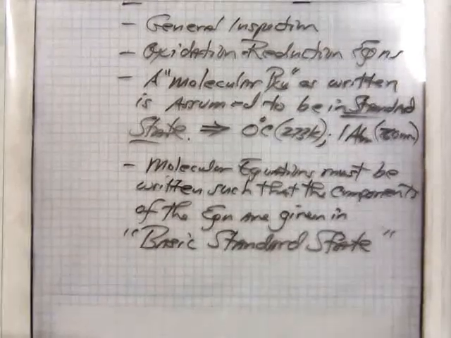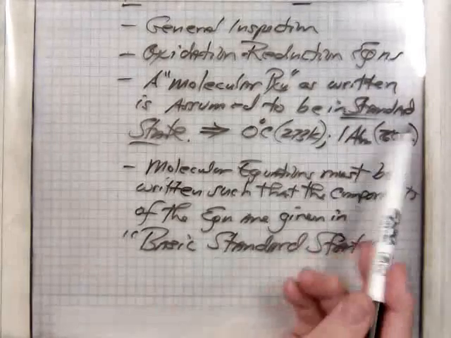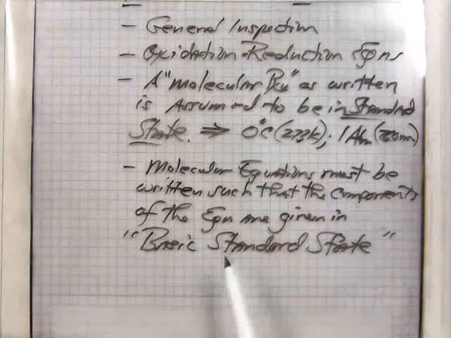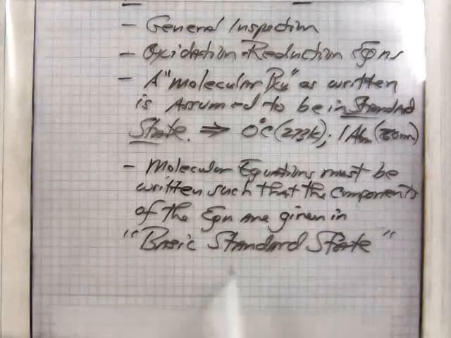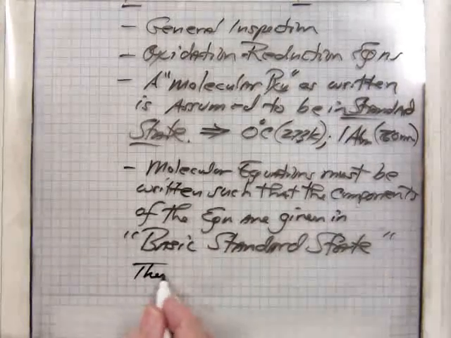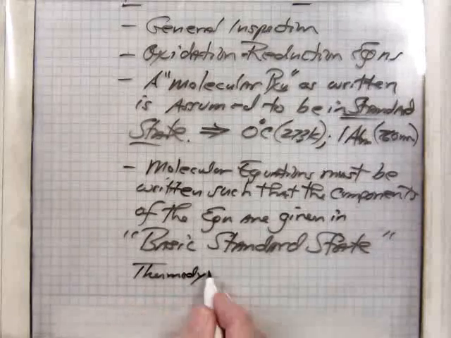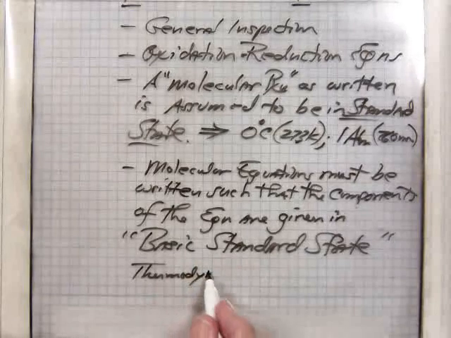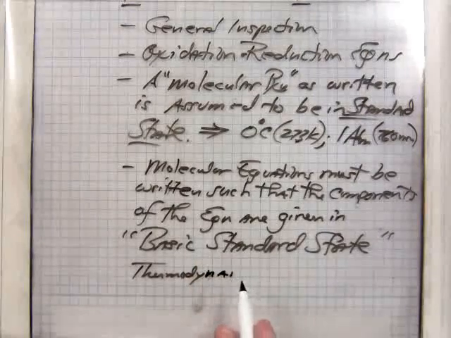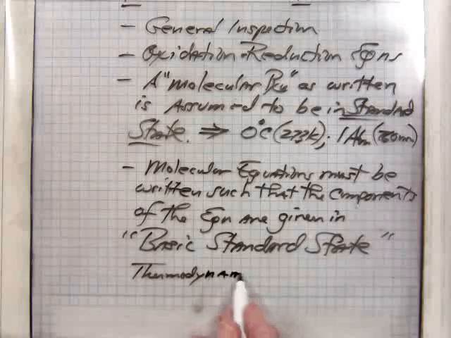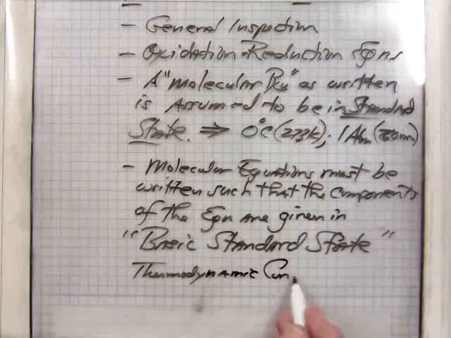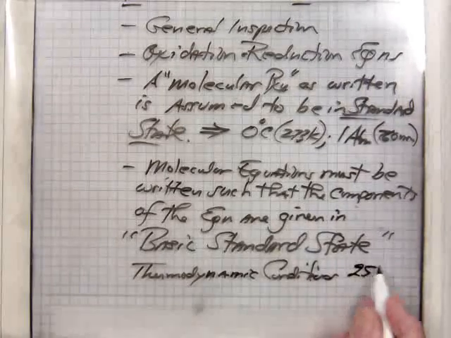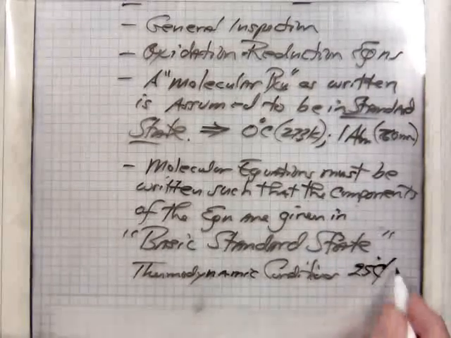Now, basic or standard state in gas laws, 0 and 1 atmosphere, is different than the basic standard state conditions. This is called thermodynamic conditions, and this is 25 degrees Celsius and 1 atmosphere.